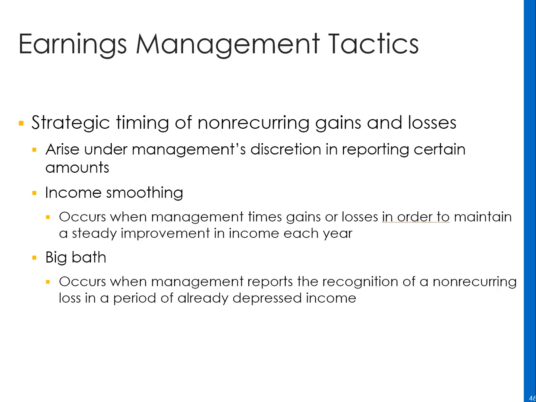And timing of measuring gains and losses is also important, especially for non-recurring gains and losses. For example, there's a term called big bath. It occurs when management reports a huge loss from non-recurring items, and the big bath usually is used by management to depress income.